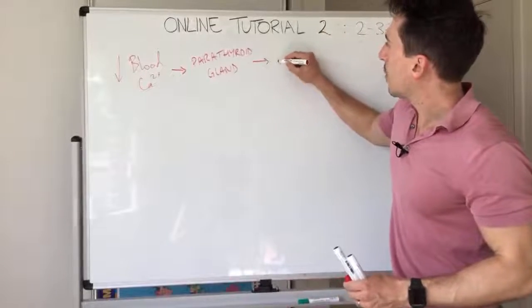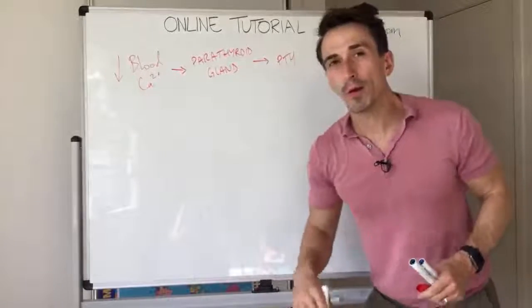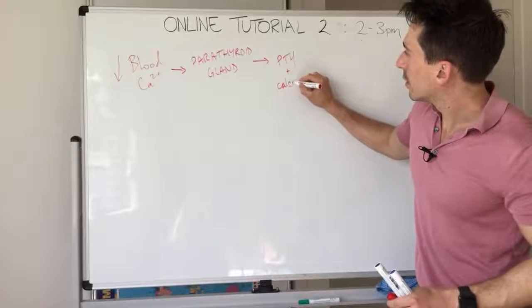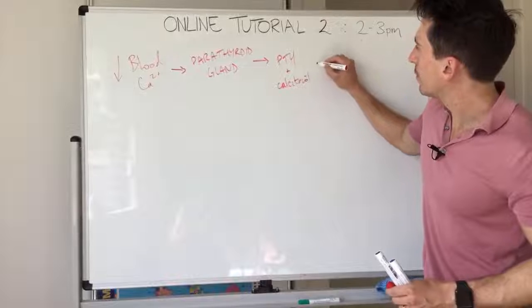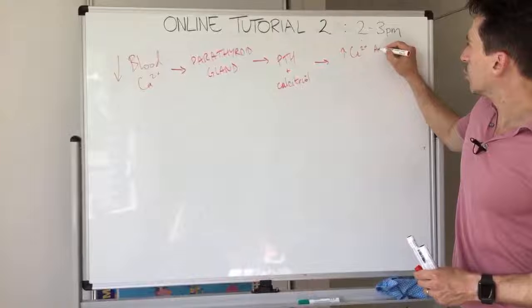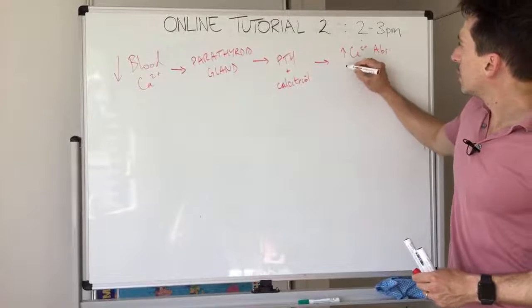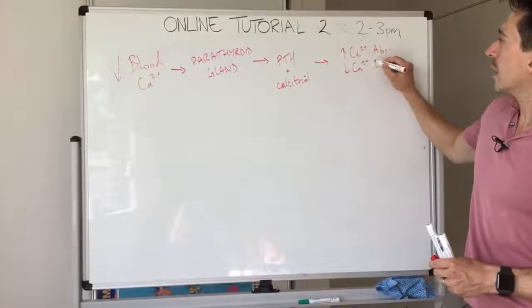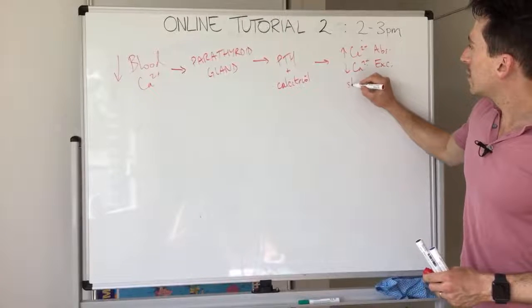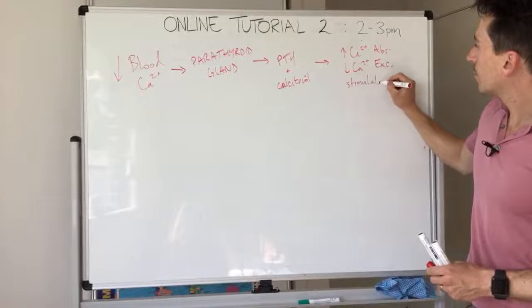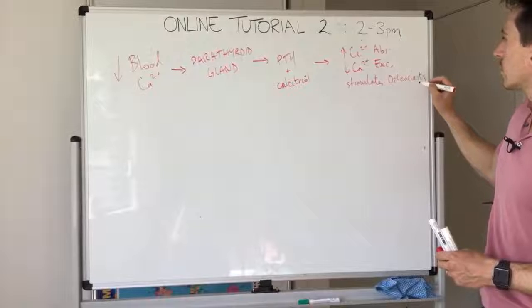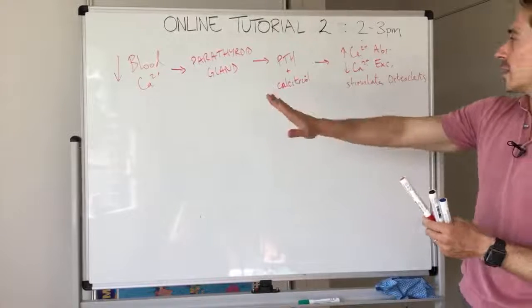This releases parathyroid hormone, and parathyroid hormone with calcitriol increases calcium absorption, decreases calcium excretion, and stimulates osteoclasts. These are the three things that this does.